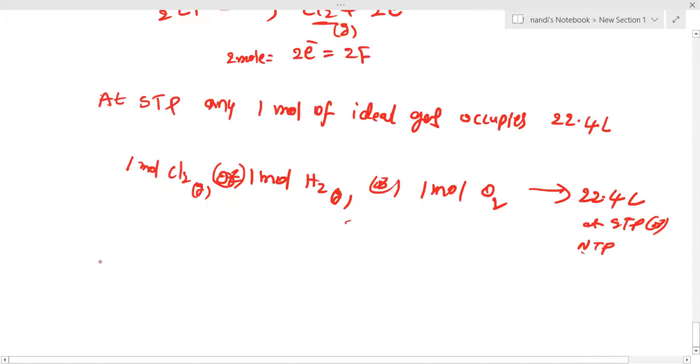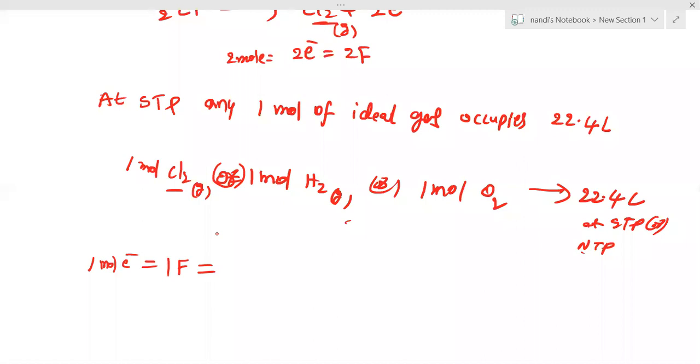Suppose 1 mole of electrons, nothing but 1 Faraday, that's indirectly Cl2, how much? 1 mole only, right? First note down that this is 1 mole of electrons, please note it down, we'll discuss.